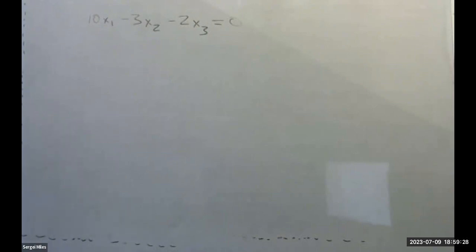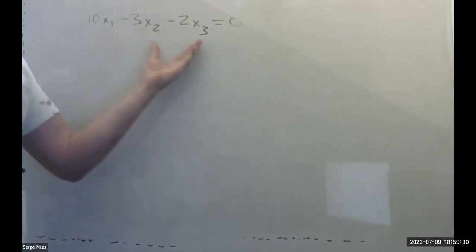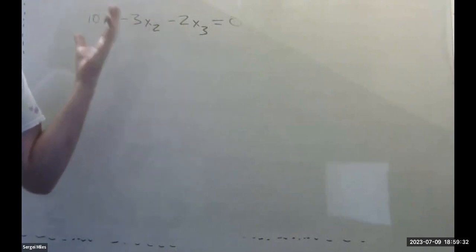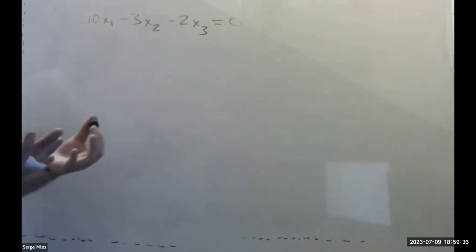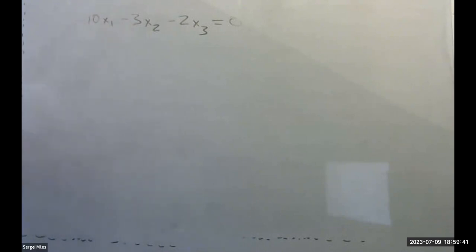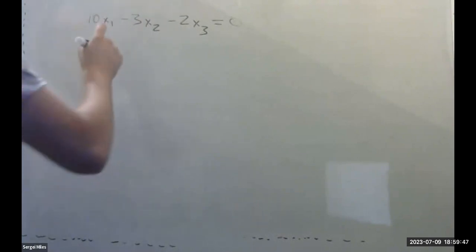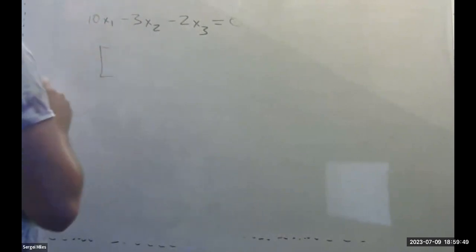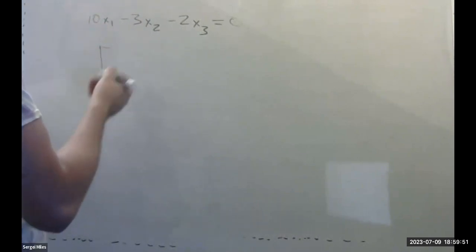Well, first note here, we do have 3 variables, but we only have 1 equation. That's fine. We can actually still write this in the matrix equation format. How would we do that? Well, each row of a matrix is supposed to be an equation.